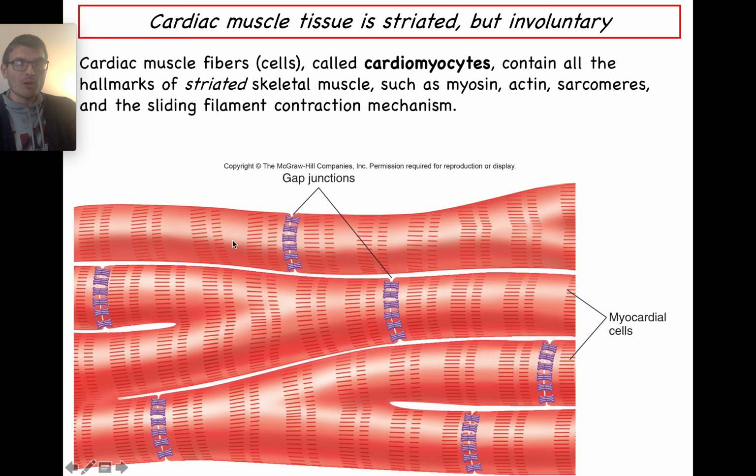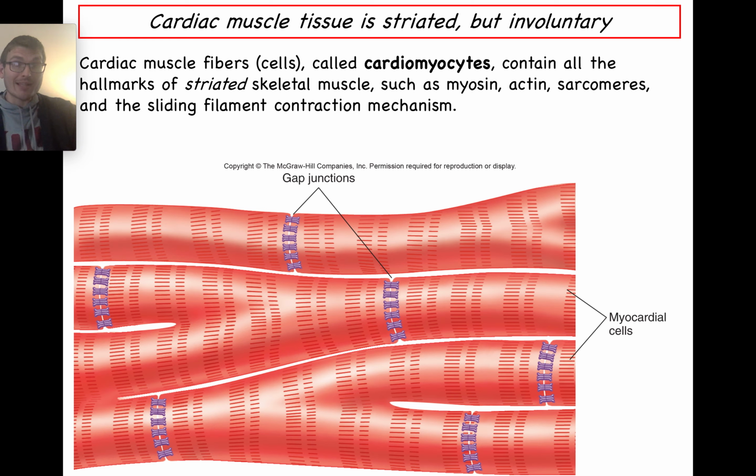As you recall, an individual cardiac muscle fiber is called a cardiomyocyte, and just as was the case with skeletal muscle, these guys are striated too. That's actually great news for us because previously in part 1 of this lecture, we learned what makes a skeletal muscle striated. It's actin and myosin organized into sarcomeres, right?